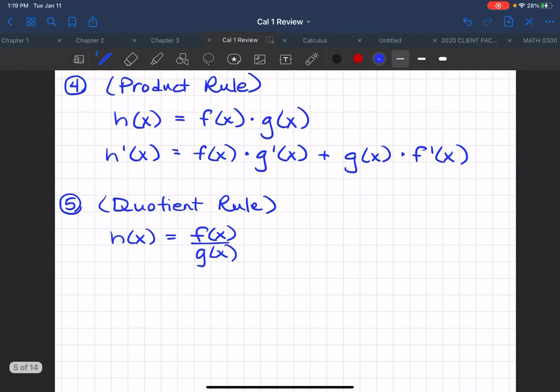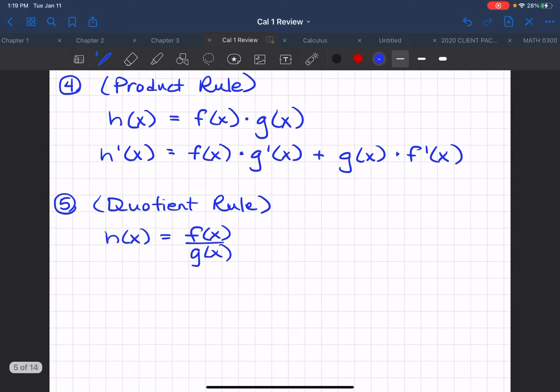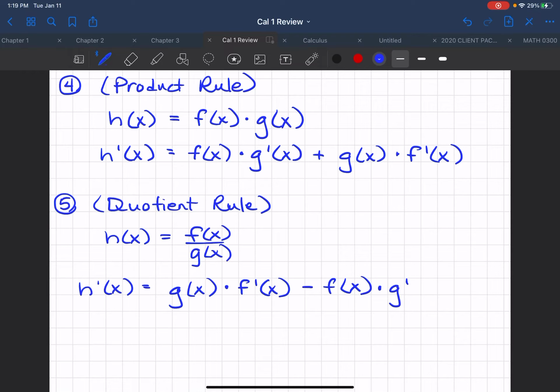So if you have one function divided by another, the derivative of that will be the bottom times the derivative of the top minus the top times the derivative of the bottom, all over the bottom squared.